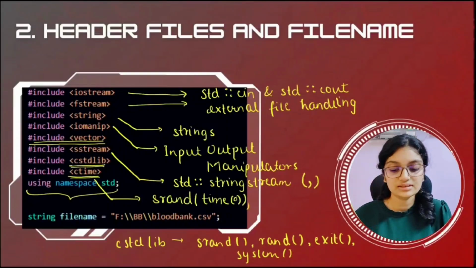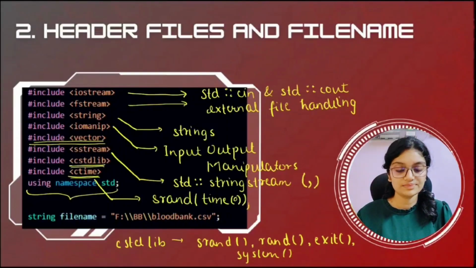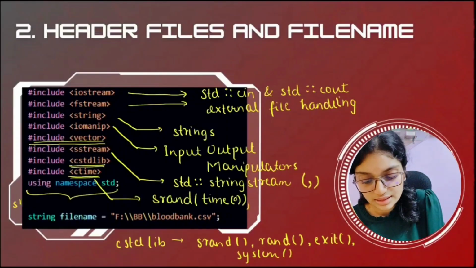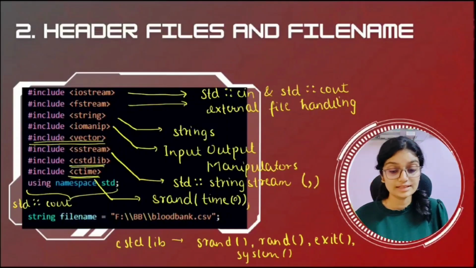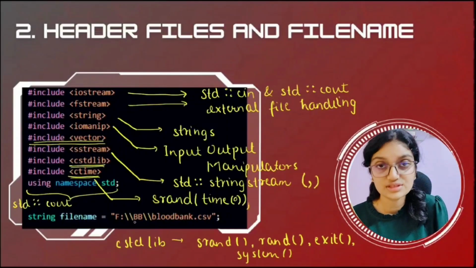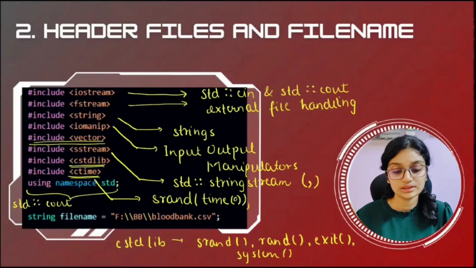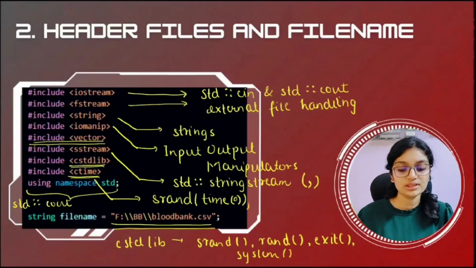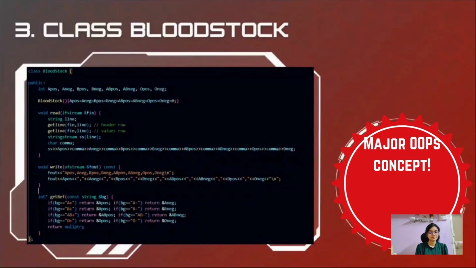Using namespace std is a statement that saves our typing so that we do not have to write std::cout or std::string all the time. And since we will be extensively working with this external CSV file, we have copied its path, and the path will be stored in a string variable.